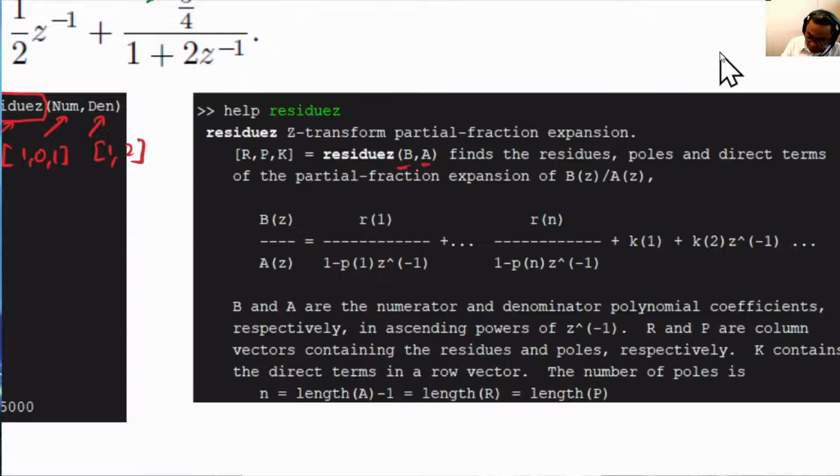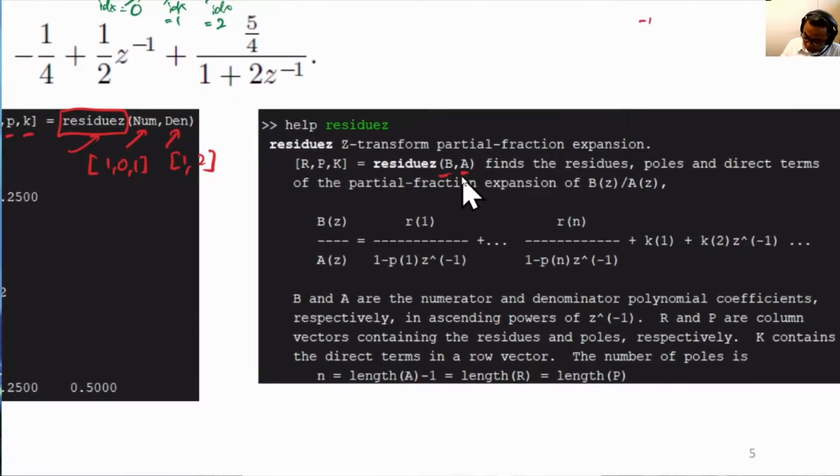First, I express it as some b over a, where b and a are vectors representing the terms in the polynomial, and this polynomial must be in ascending power of z minus 1. Now, once I put b and a, out comes RPK.